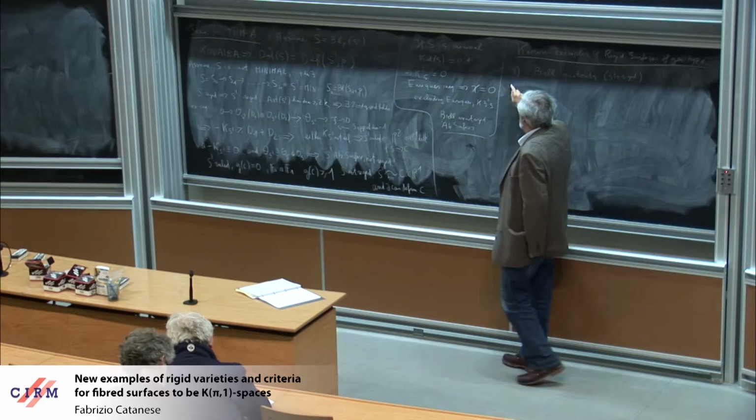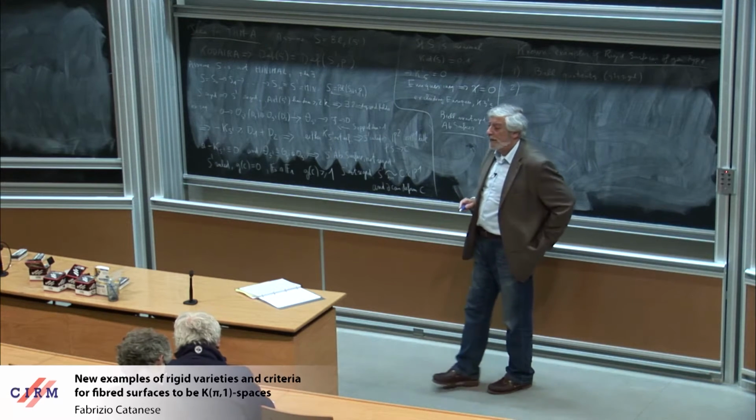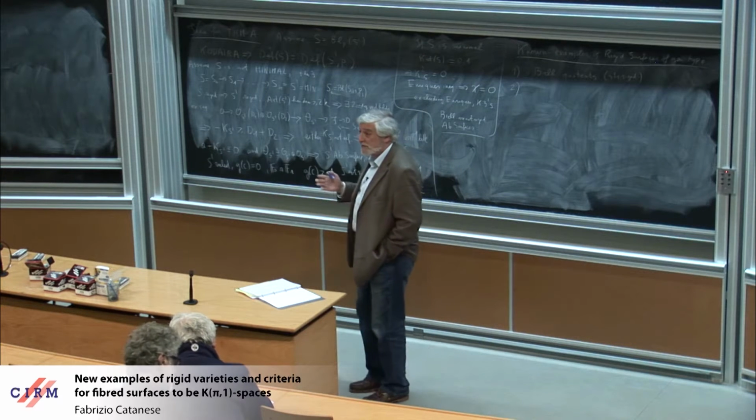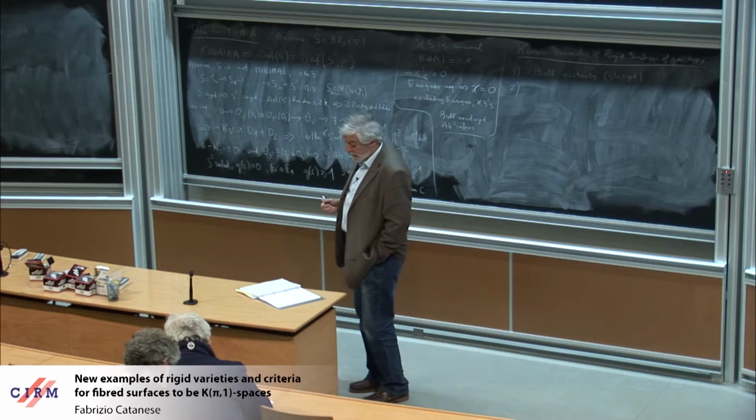The second example are polydisk quotients. So somehow they are the non-compact duals of these.